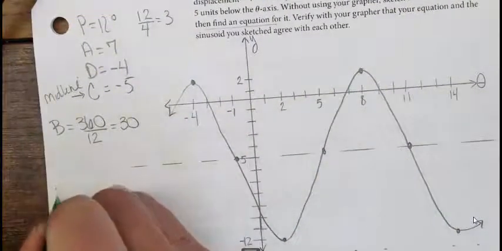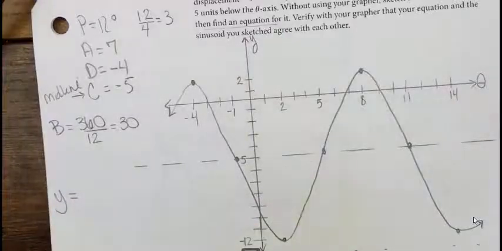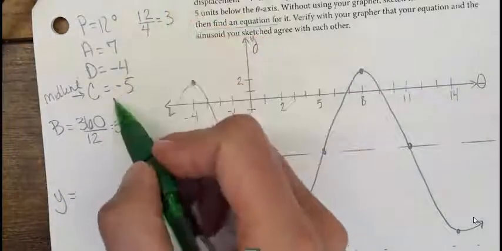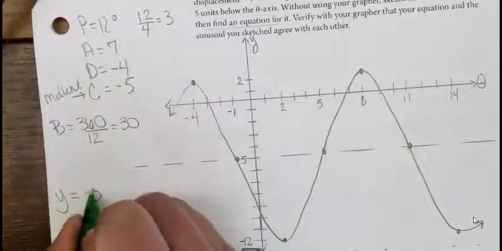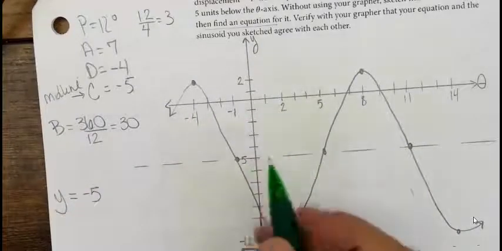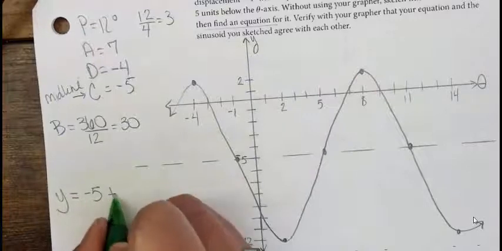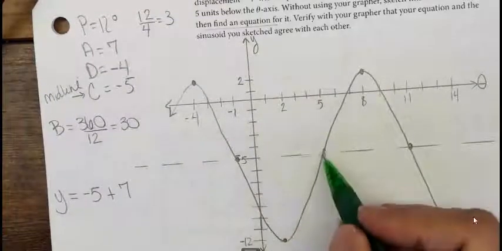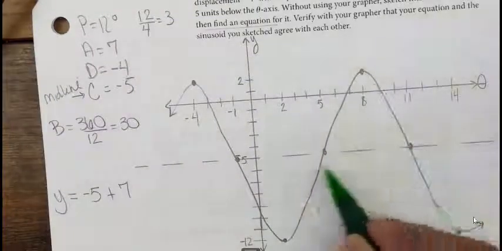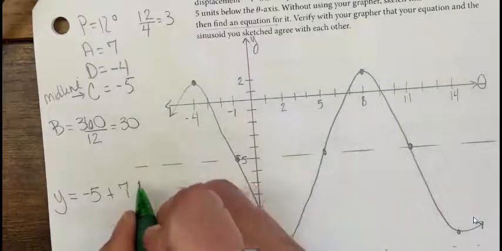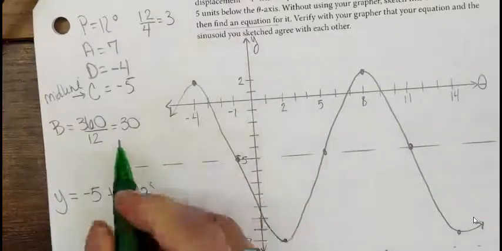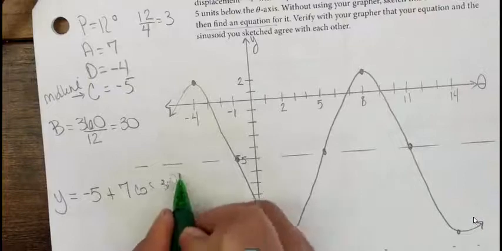All right, so we're going to have y equals, well, c was -5. Again, that's our midline. That's here. Maybe I'll make that look negative again. Plus your amplitude, which is 7, which is how high or low you're going from your midline, times cosine of b. B is 30.